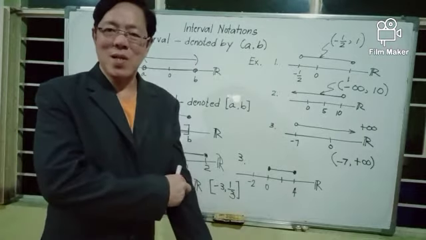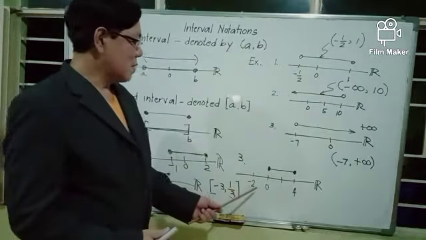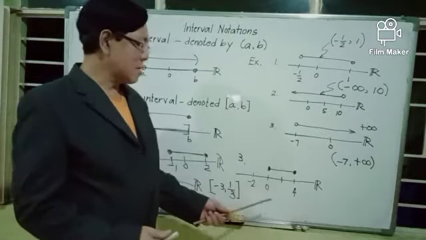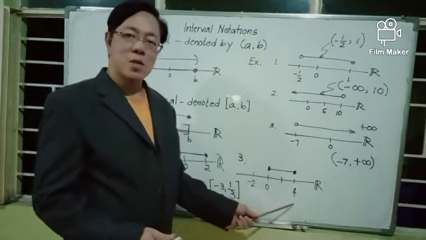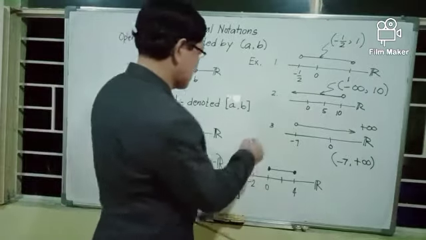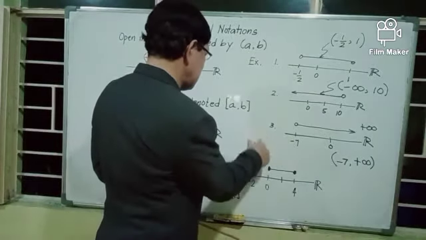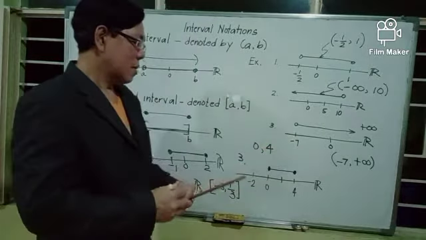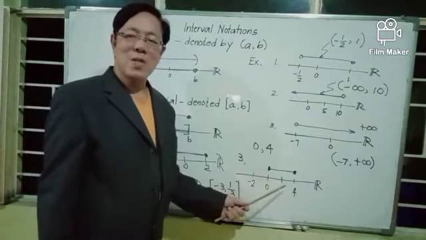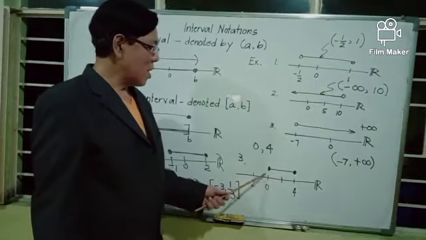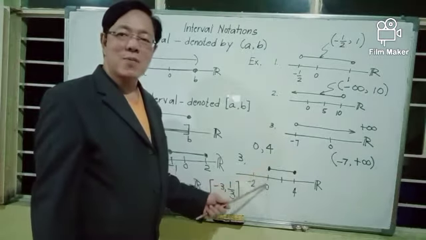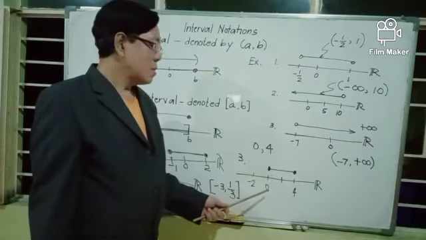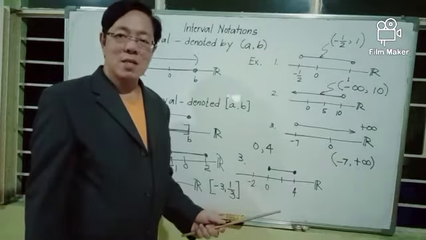And using interval notation, we write the set of real numbers as the set of real numbers from 0 to 4. This is the set of real numbers from 0 to 4, but because we have a shaded circle at 0, that means 0 is included in the set.